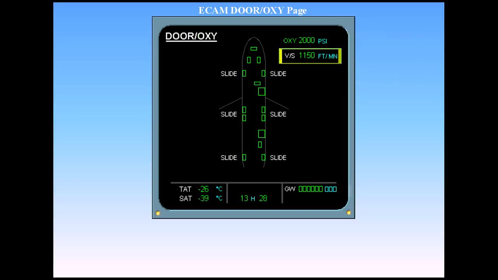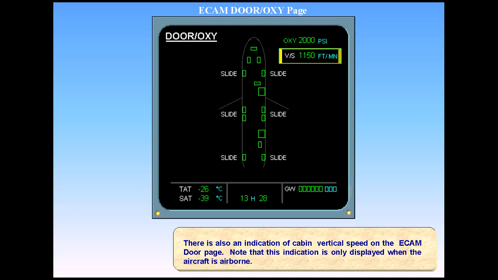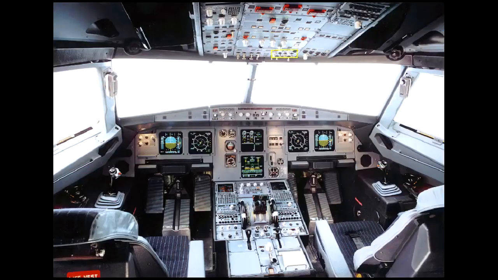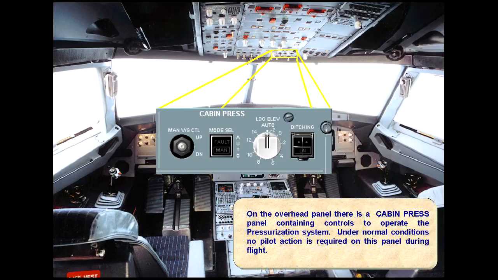Note that this indication is only displayed when the aircraft is airborne. On the overhead panel, there is a cabin pressure panel containing controls to operate the pressurization system. Under normal conditions, no pilot action is required on this panel during flight.